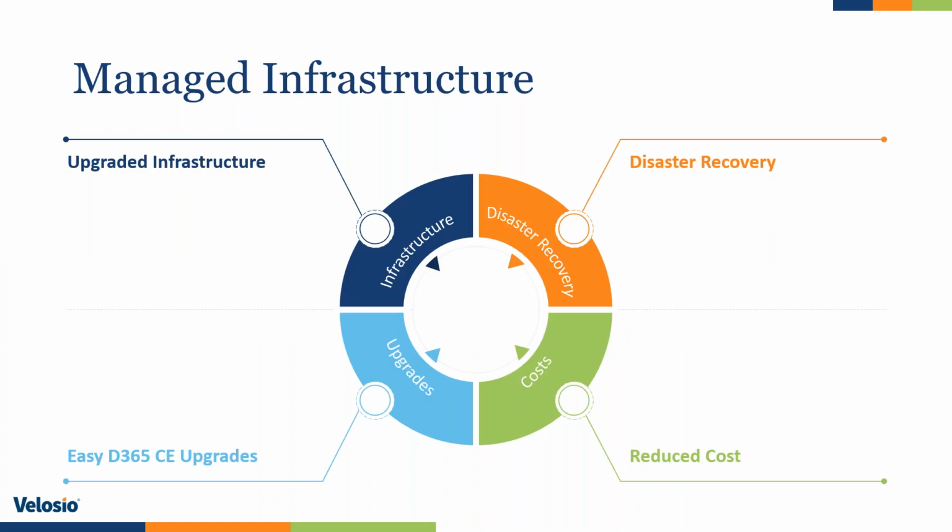We'll start off and we'll talk about the infrastructure of the Microsoft data center. Then we'll talk about how this move affects upgrades to D365. So when you're online, the upgrade process is a little bit different than when you're on premise. We'll talk about disaster recovery, and then we'll finish off just talking about, in general, the different costs that are reduced by moving online.